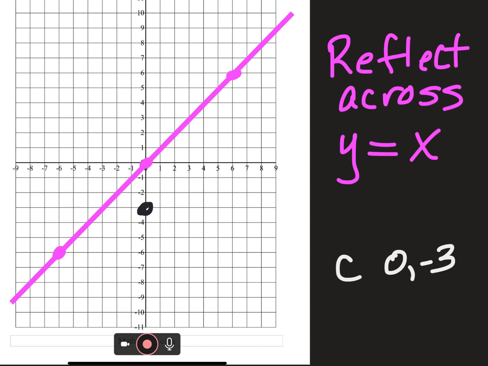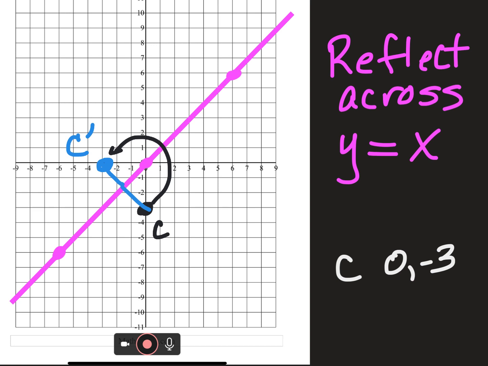But guys, are these just straight across boxes? No, they're diagonal, right? So you can't really count the same way that you can if you're just counting across. But here's the general idea. So here's what it should look like. If I pick that coordinate up and I flip it across that line, C was right here, and now C prime is going to be right here.